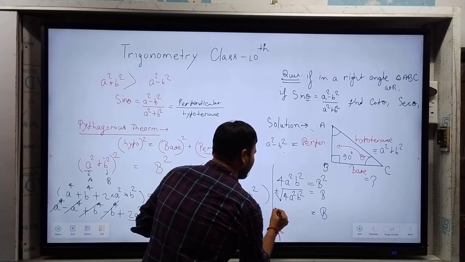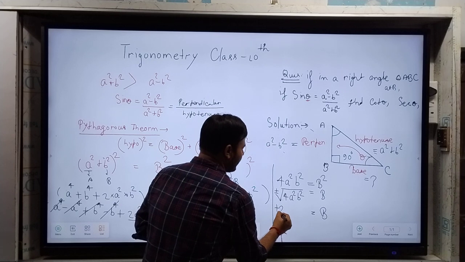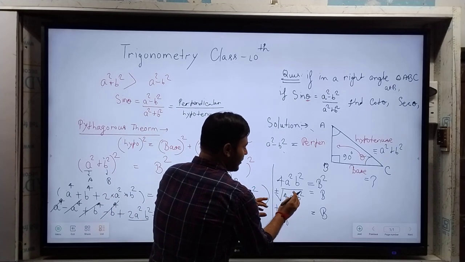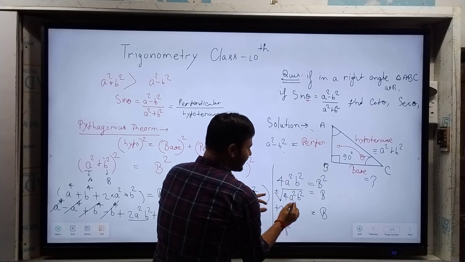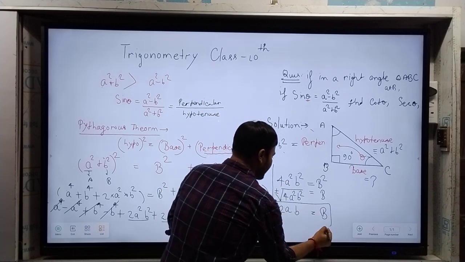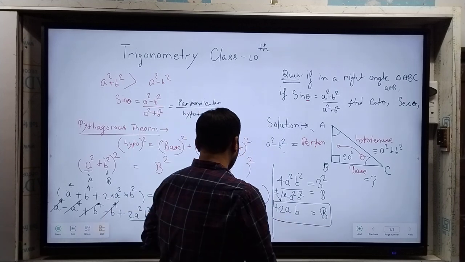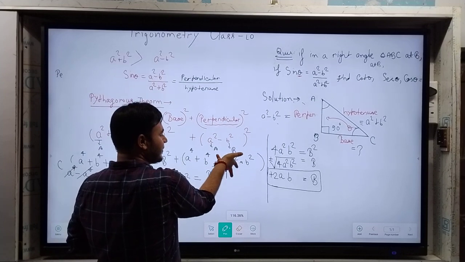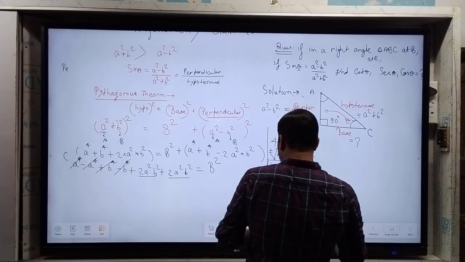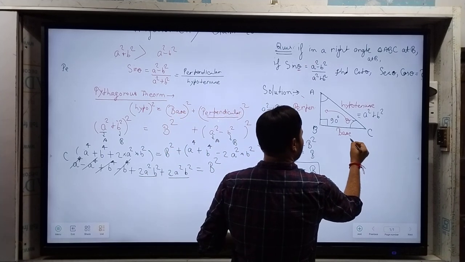The under root of 4 will be 2. You know that the square and under root cancel out, so this will be a, this will be b. This will be the base. Now base has to be calculated.